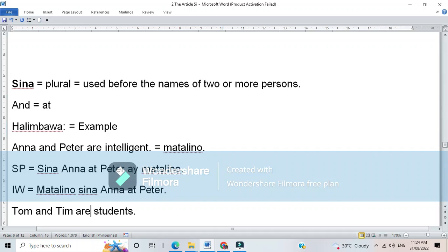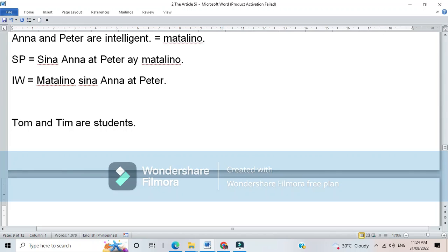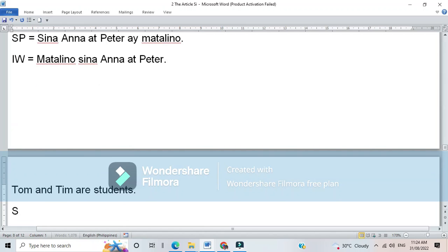Okay. So for example, Tom and Tim are students. So let us try the subject predicate first. So sina Tom at Tim ay mga estudyante. So the word mga, it's a plural word. It makes the noun plural. Okay.